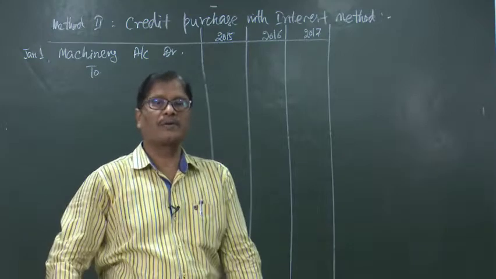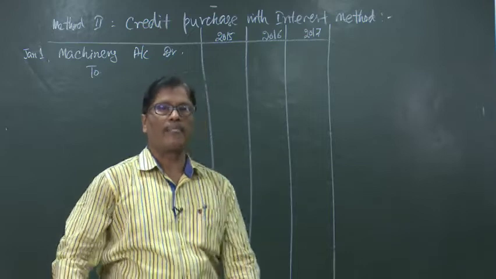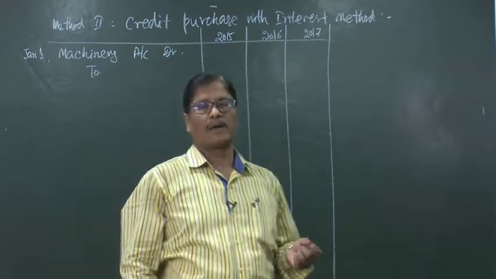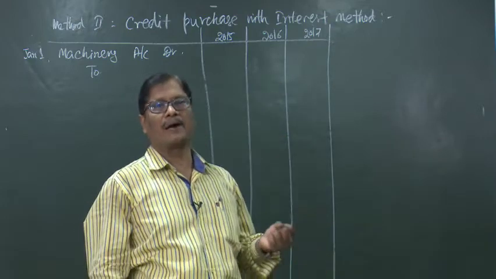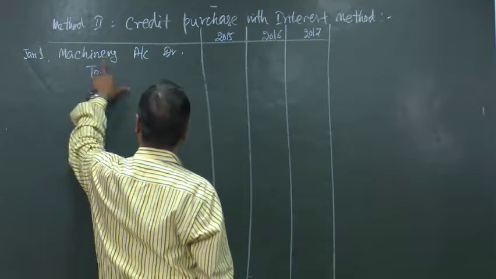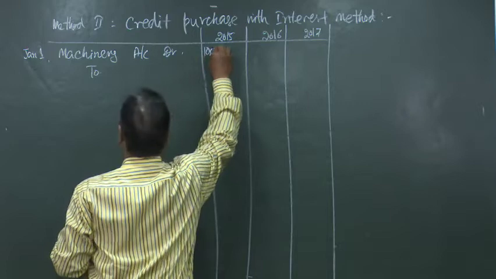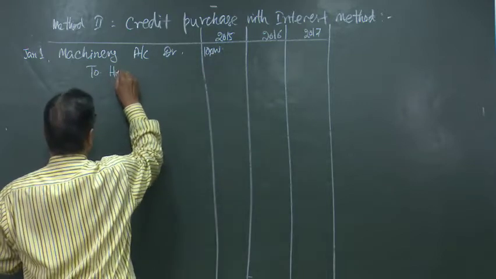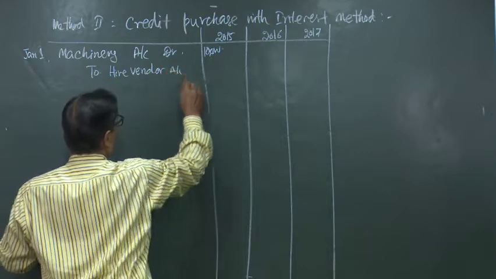Because it is treated or assumed to be a credit sale, we will be crediting the person who is giving it, credit the giver. Who is the giver? The hire vendor is the giver. So, debit machinery account with the cost price of 10,000 to hire vendor account 10,000.